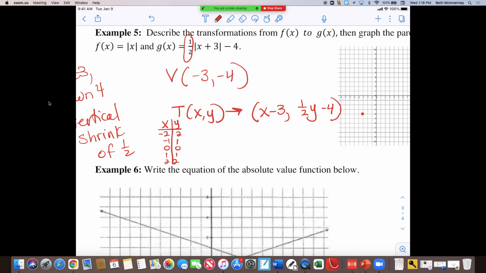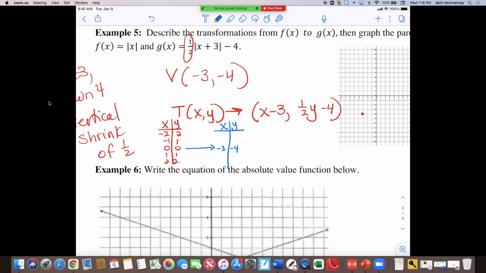So I like to do my parent graph and then send it through the mapping notation. So we already did the -3, -4. That was the vertex.